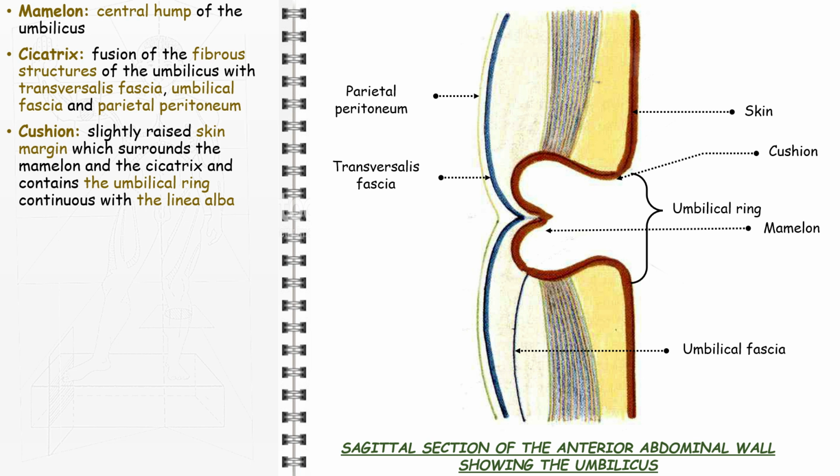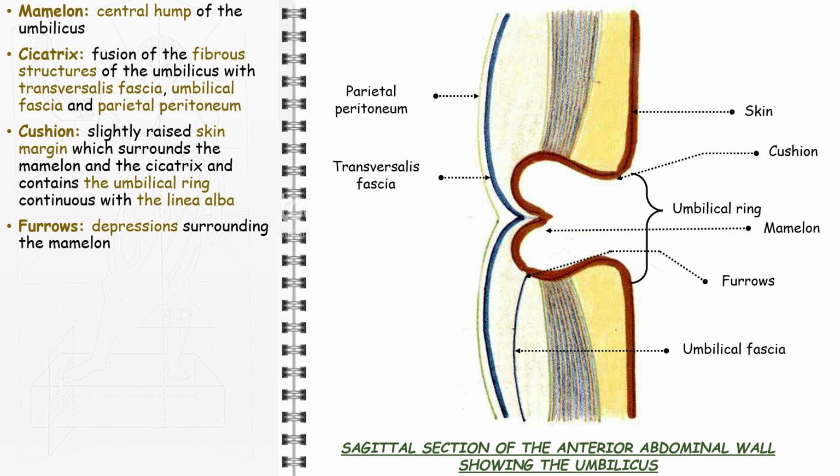It suspends the anterolateral part of the bladder to the umbilical ring and forms the posterior boundary of the retropubic space. It is also attached to the pubovesical ligaments in women and to the puboprostatic ligaments in men downwards. The furrows are depressions surrounding the mamelon.